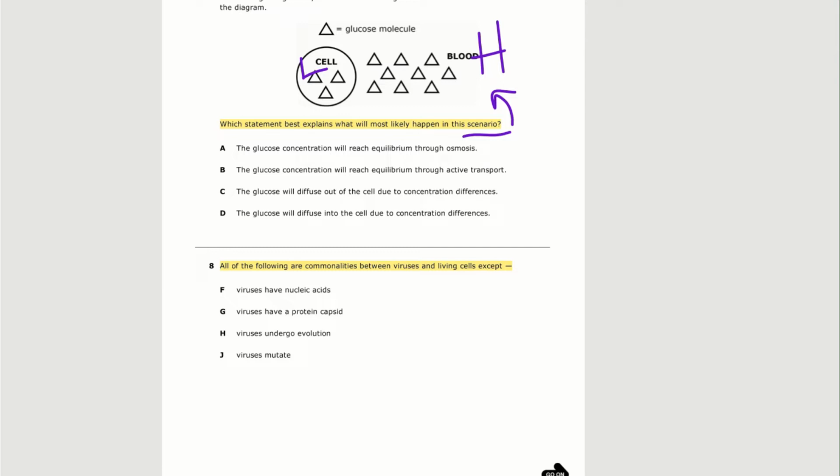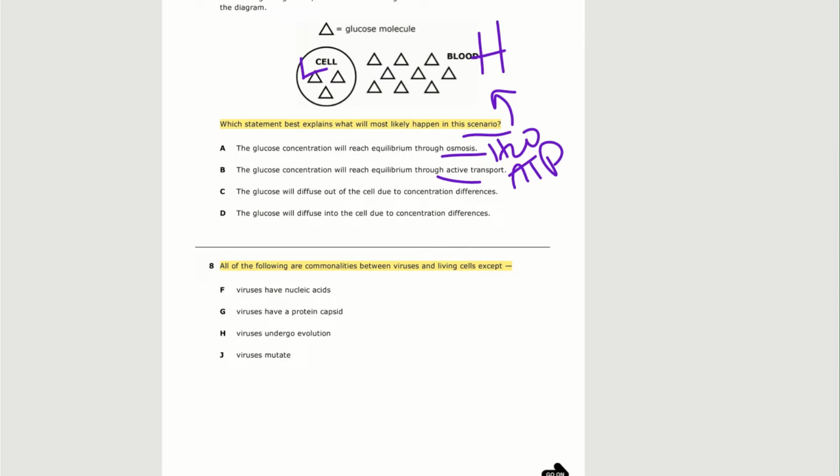The glucose concentration will reach equilibrium through osmosis. What is osmosis again? The movement of glucose? No, the movement of H2O. Does it say anything about H2O? The glucose concentration will reach equilibrium through active transport. Again, active transport is ATP energy, right?